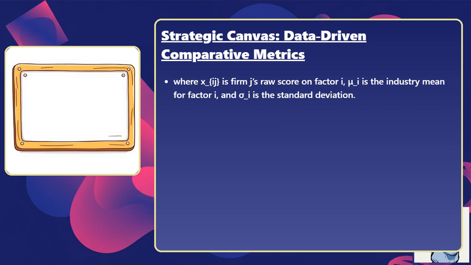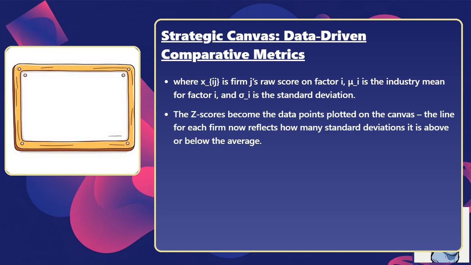Here x_ij is firm j's raw score on factor i, mu_i is the industry mean for factor i, and sigma_i is the standard deviation. The z-scores become the data points plotted on the canvas. The line for each firm now reflects how many standard deviations it is above or below the average.